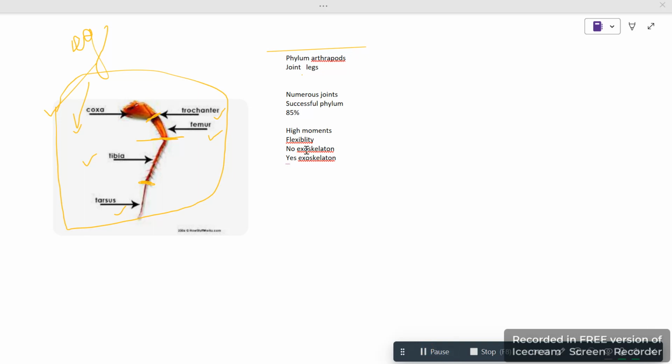This means they have no endoskeleton, the inner skeleton, but they have the outer skeleton. That's why we can see the bones and the parts of the cockroach.